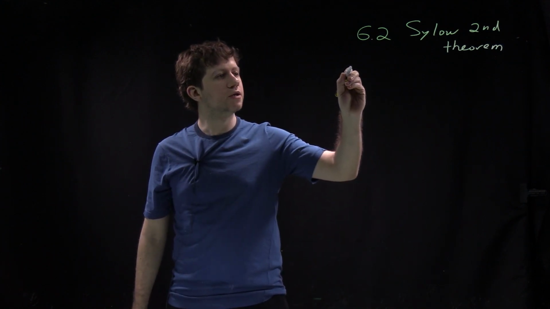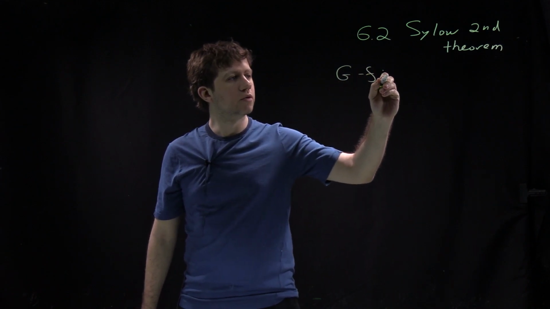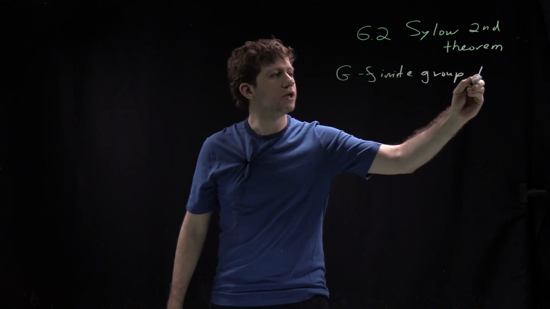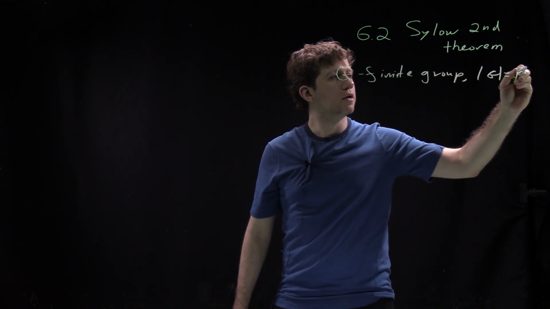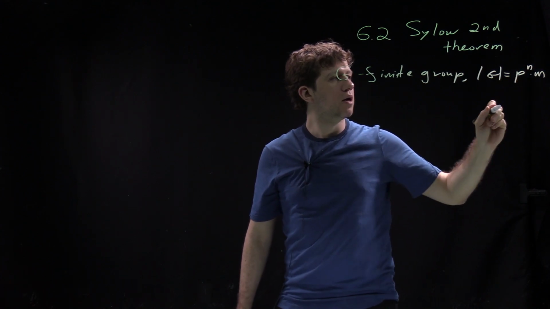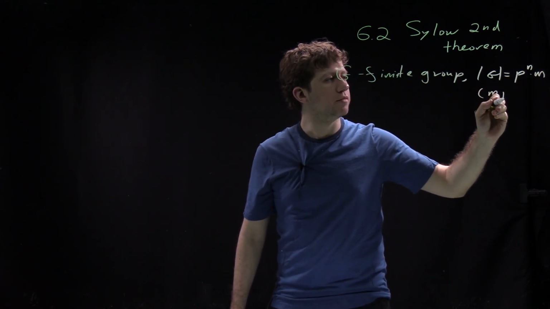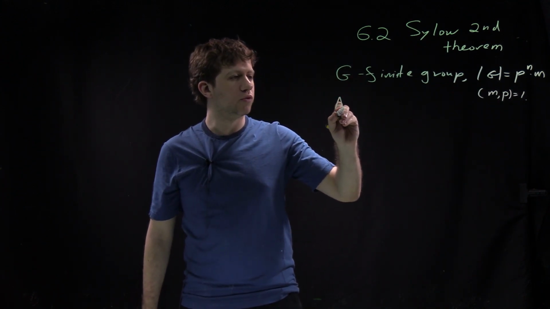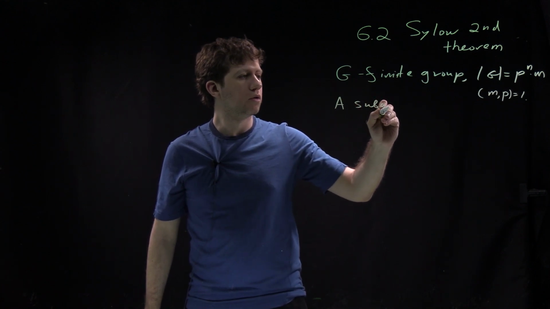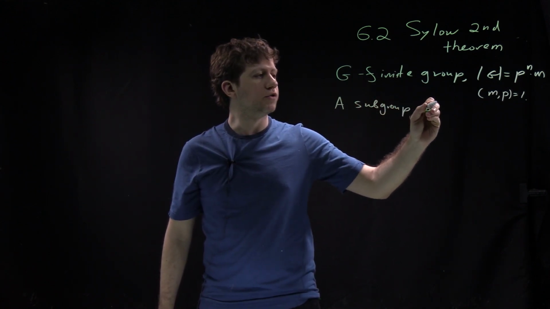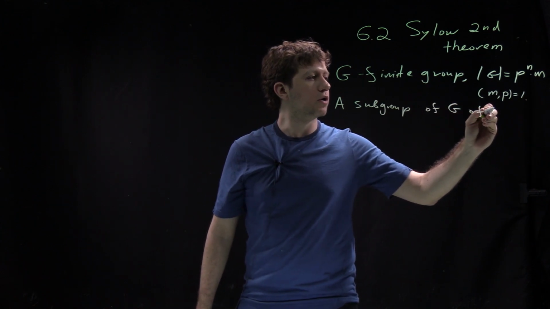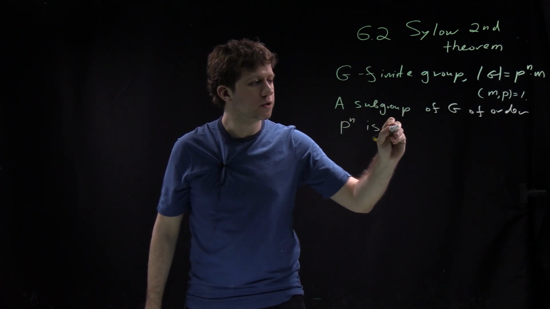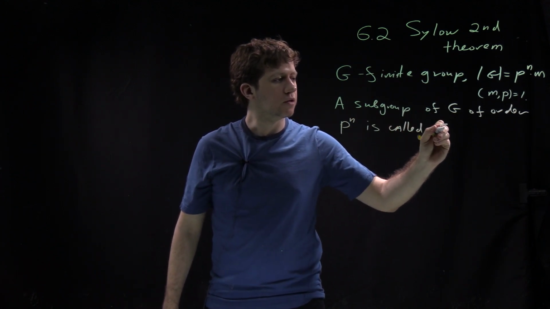So let's suppose that G is a finite group, and the order of G is p to the power n times m, where m is coprime to p. So a subgroup of G of order p to the power n is called a Sylow subgroup.